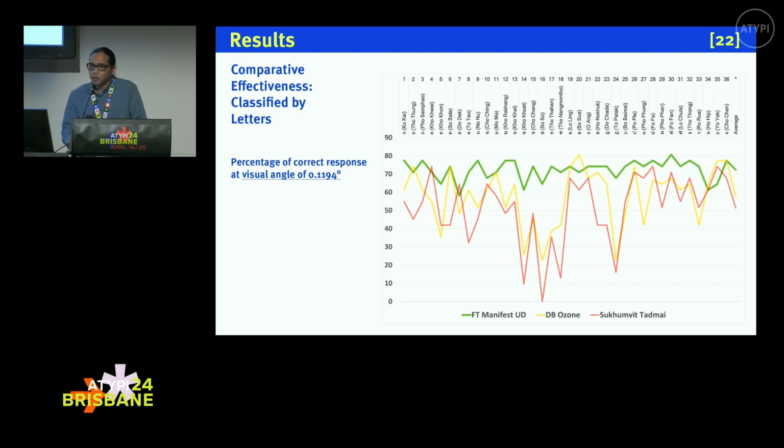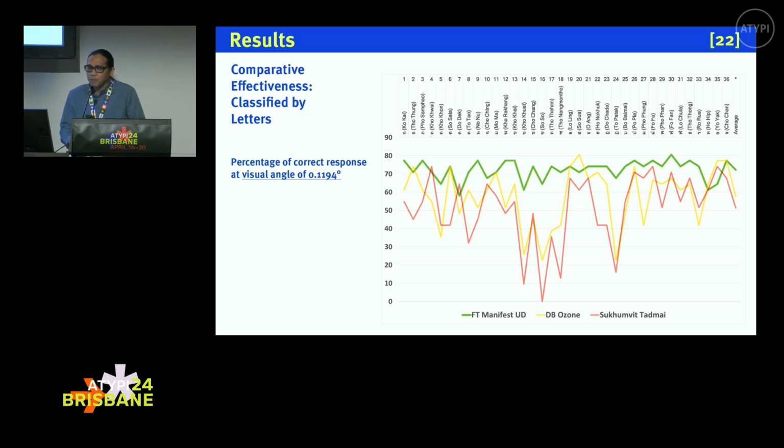The first result concerns the visual angle of 0.1194 degree. Most of these results show that FT Manifest UD is higher than DB Ozone and Sukhumvit Tadmai.